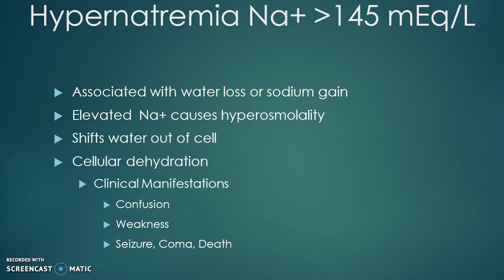If it's because of a water loss, our patient is going to be hypernatremic, so we're going to see a weight loss, hypotension, and weakness. Eventually, if it's severe, because of the confusion and weakness and its effect on the action potential, we're going to see seizure, coma, death.